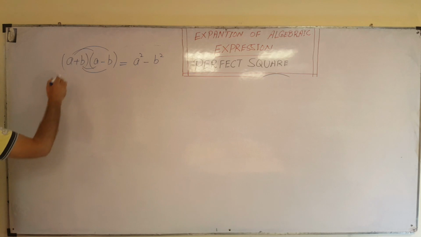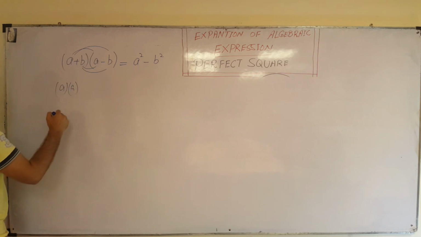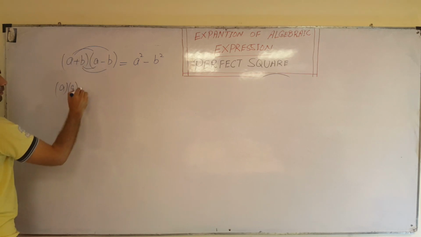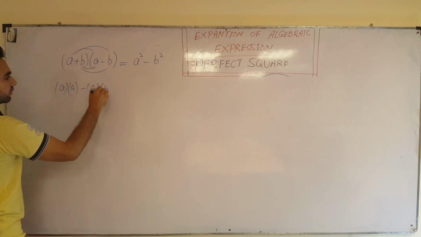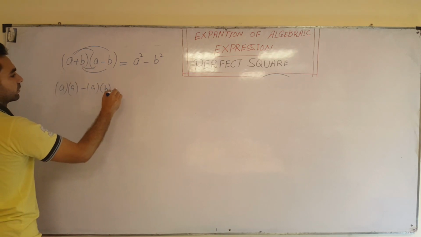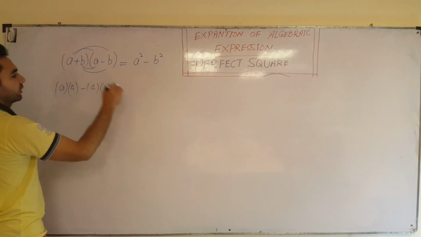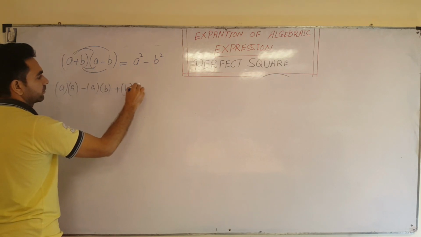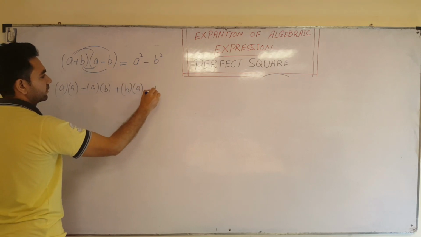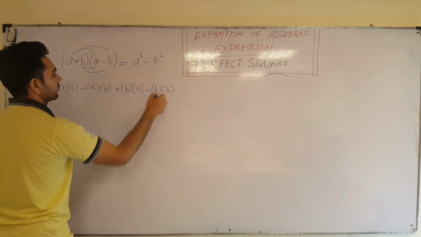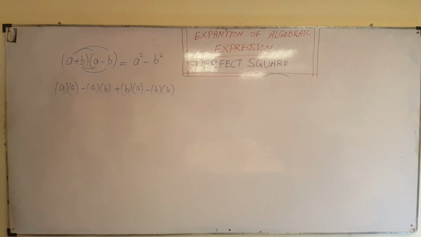So let's multiply them. First a into a, right? Then this sign minus this a into b, then this sign plus now b into a, and then this sign b into b, right?